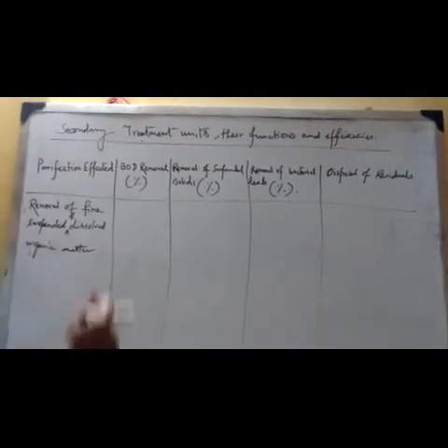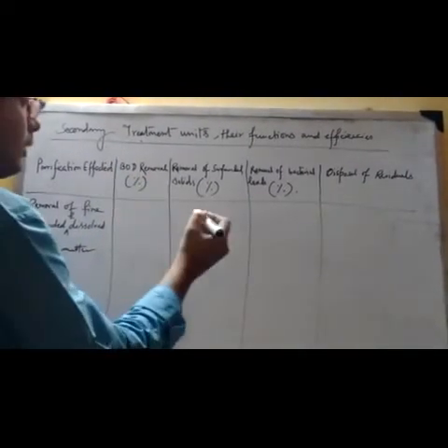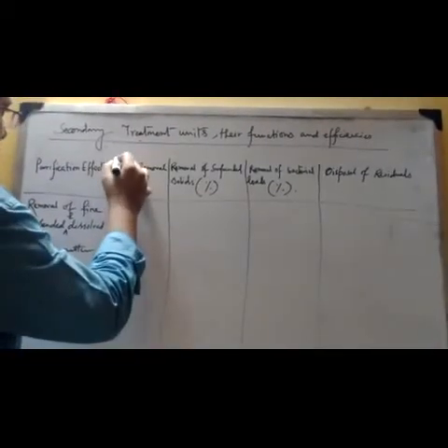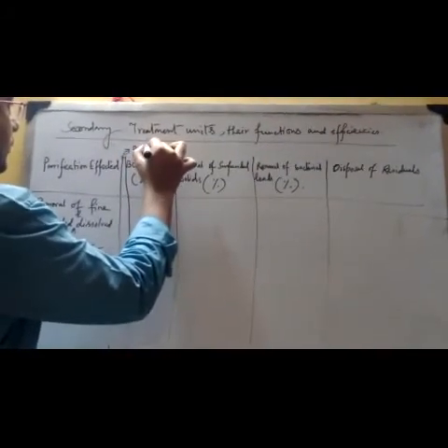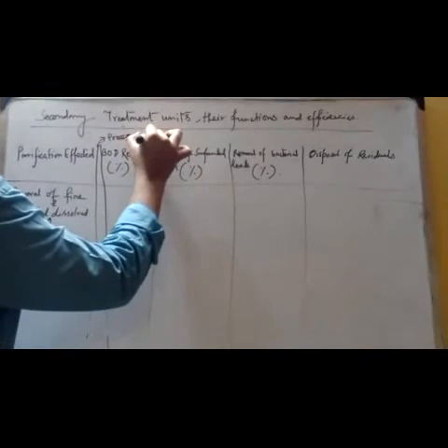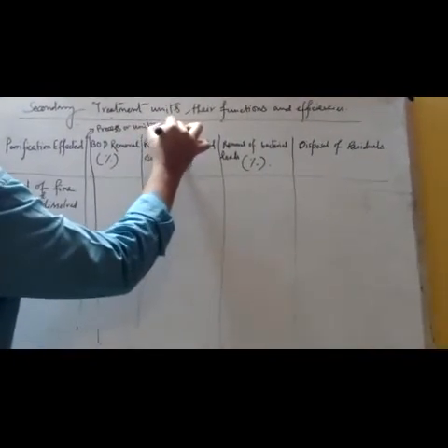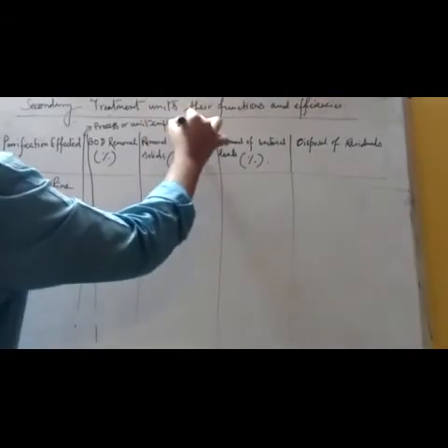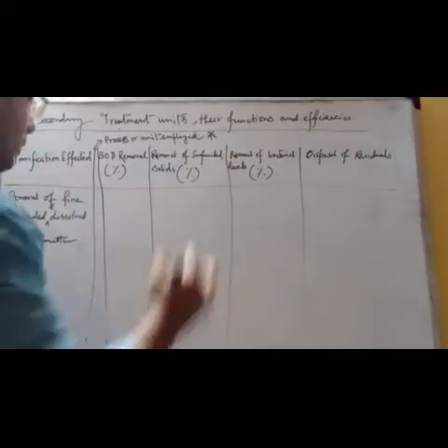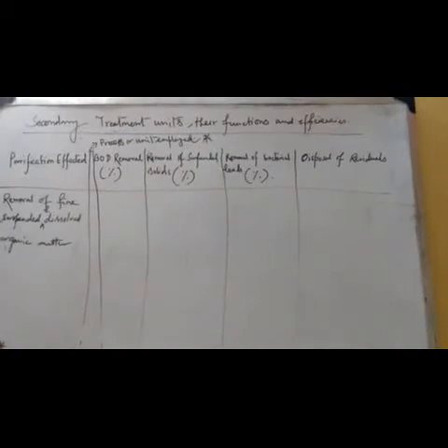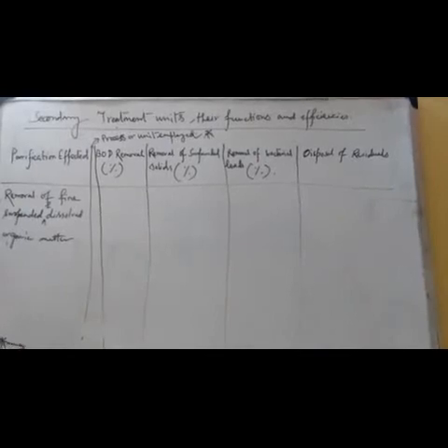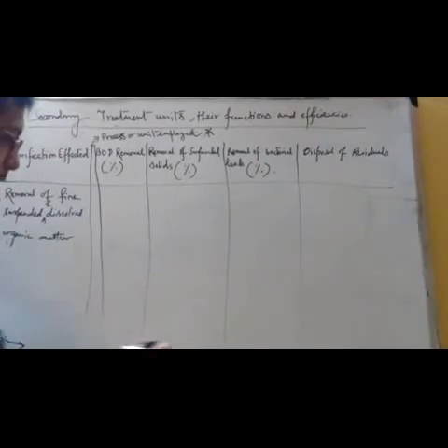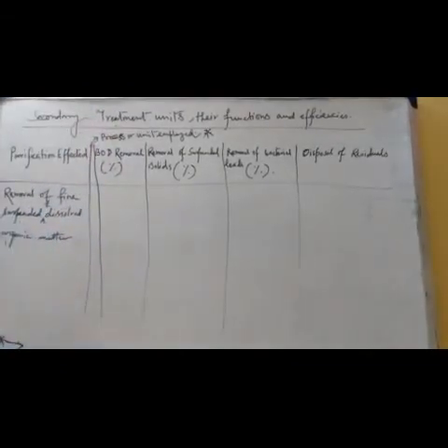Now, what are the process or unit employed? So here is another column, process or unit employed. Okay, and this is a star, which I am writing in this portion because it is a lengthy portion. So please write down what are the process or units employed.